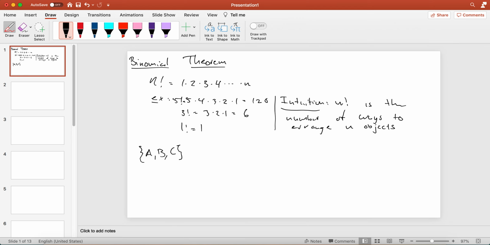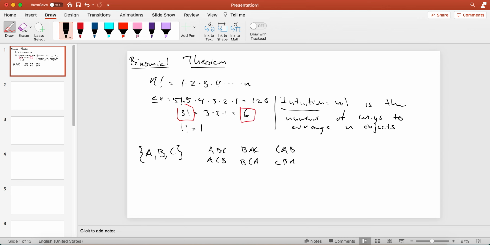And let's list them out explicitly. There's ABC, there's ACB, there's BAC, BCA, then there's CAB and CBA. So that's 6 objects, and you see here that 3 factorial was 6. So that works.